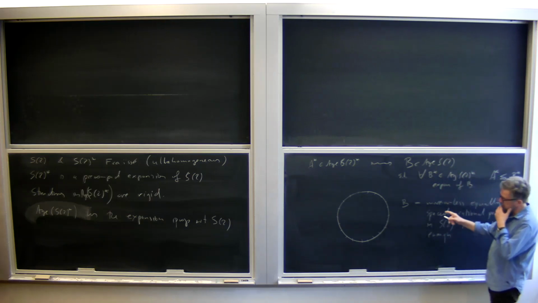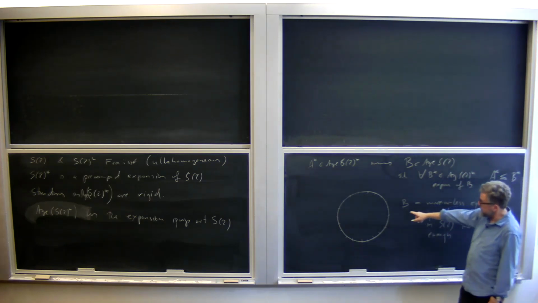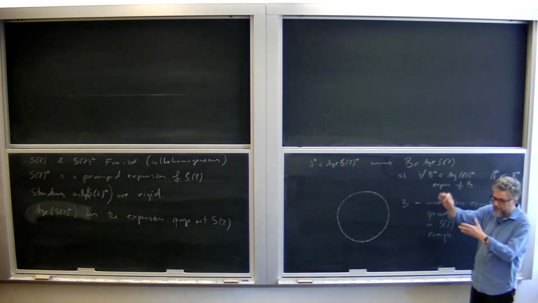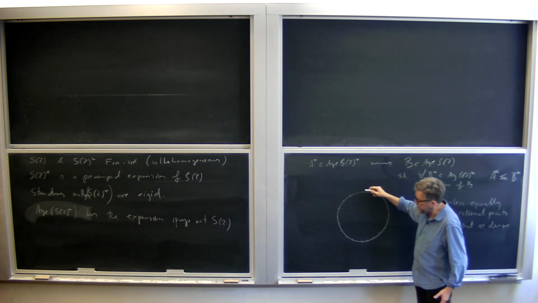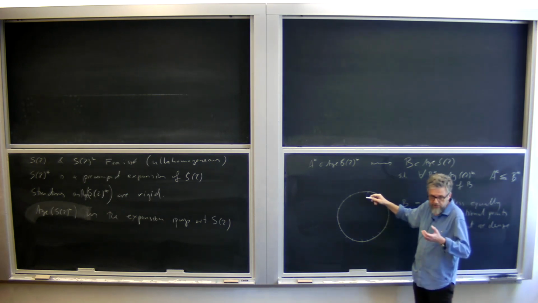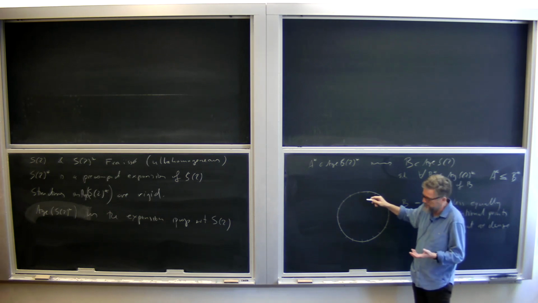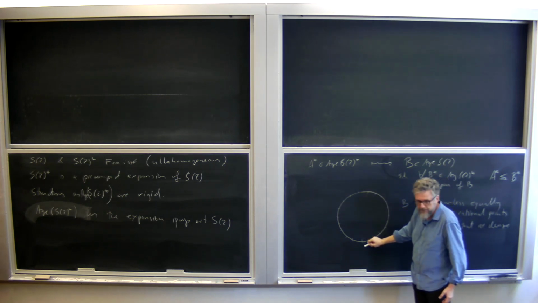The point is that this is just B in SO2. I don't have, if I drew it this way, but you can expand B in many ways to a structure in S of 2 star, right? It doesn't have to be this.